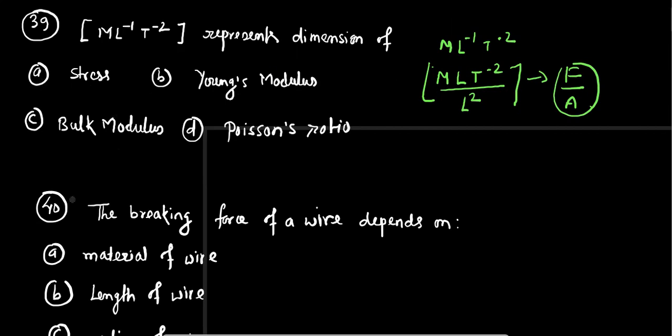Except for the Poisson ratio, stress has the same dimension, Young's modulus also has the same dimension, as well as the bulk modulus. That's why except D, A, B and C, all three are the correct options. So here we are going to take all of these.